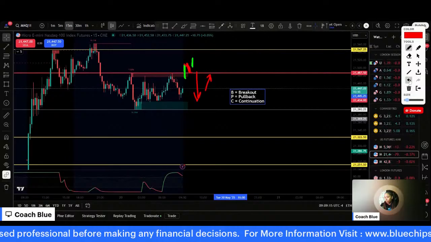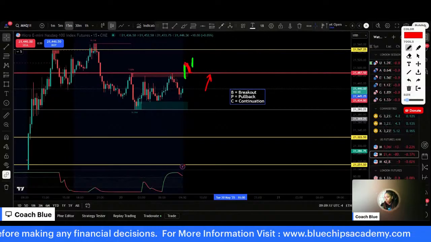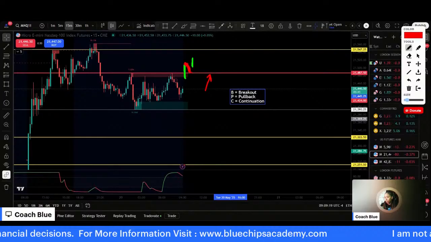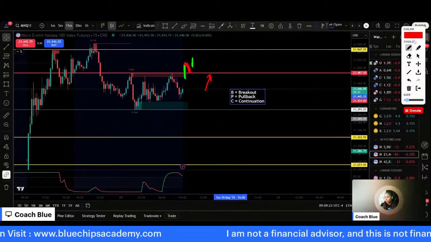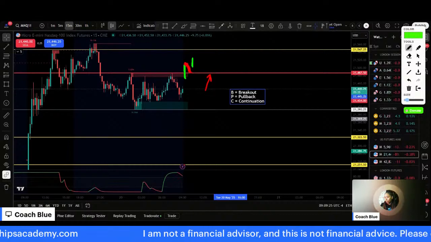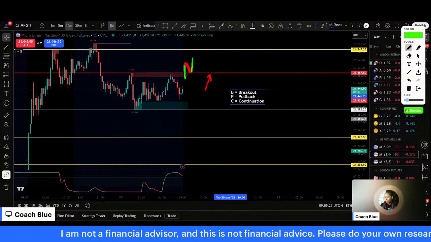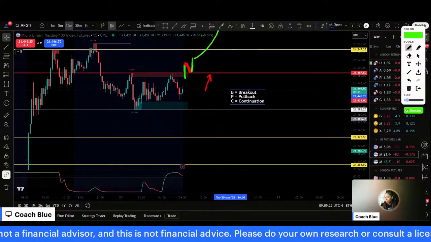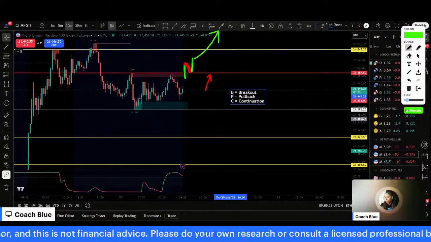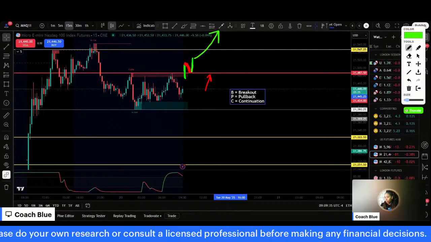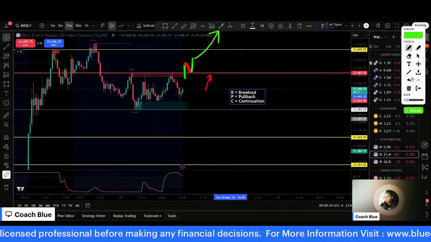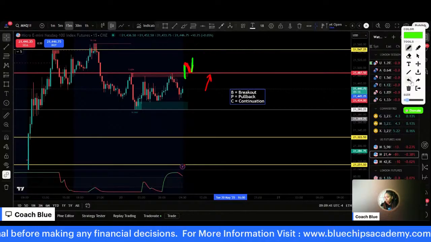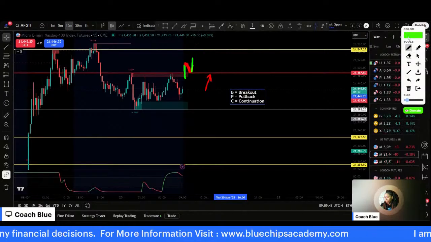Remember, support is your floor. So here's our pullback, and then we get our continuation, right? With our continuation, we're looking for price to continue to move to the upside. So it looks kind of like an N, right? So that's the BPC confirmation that we will be looking at. If it's a BPC rejection, we will be looking for an M.